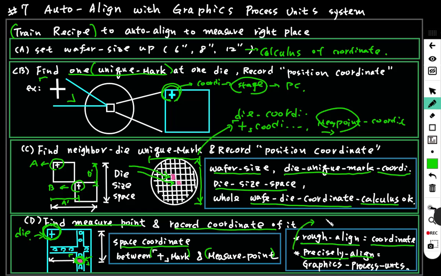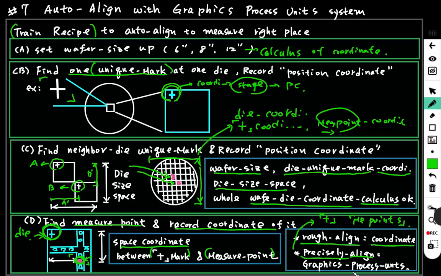It means that besides using the stage to move the wafer by coordinate calculus, the equipment will use the graphics process units system to verify the pattern of the cross mark and the pattern of the measure points, to verify if the position is right or wrong.